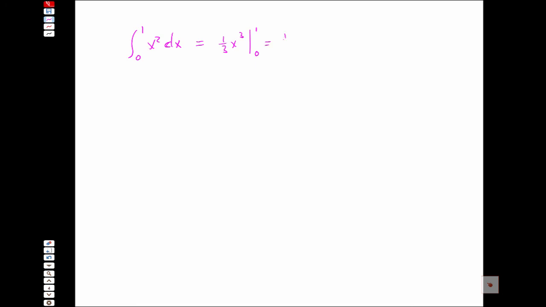So in other words, this is going to be 1/3 times 1 to the power of 3 minus 1/3 times 0 to the power of 3. Of course, this is 0, and so we're left with 1/3, which is exactly the answer we got previously, but you can see that using the evaluation theorem provides a much more direct and fast route to this answer.